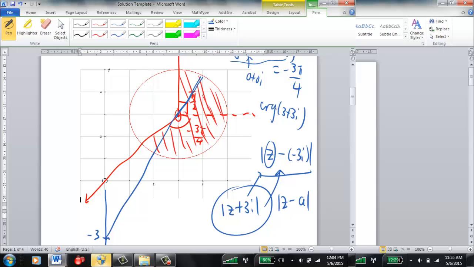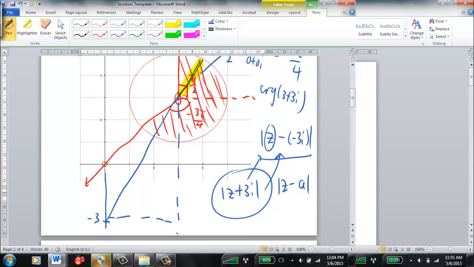Agree? But there's a problem. The problem is we need to get the values. We cannot just simply use Pythagoras theorem because I do not know where he ends. So we got to improvise. First of all, let's look at this. What is the distance of this? This is just the radius, which is 2. Am I right to say that? Using Pythagoras theorem, can you see that this is actually 6 and this is actually 3?